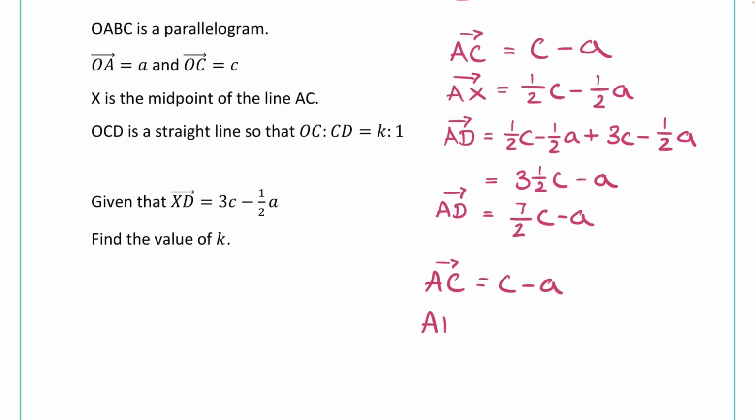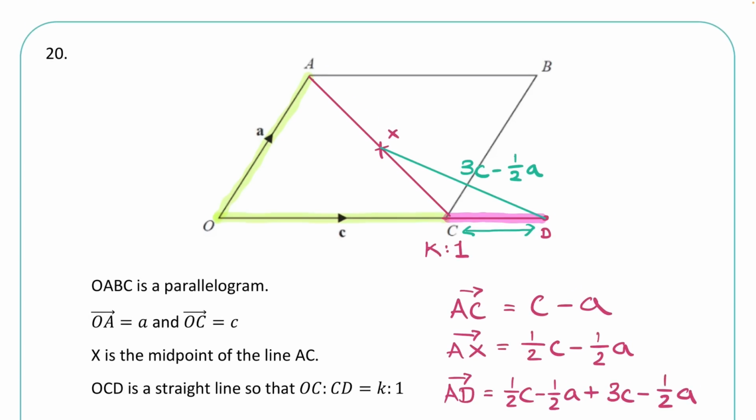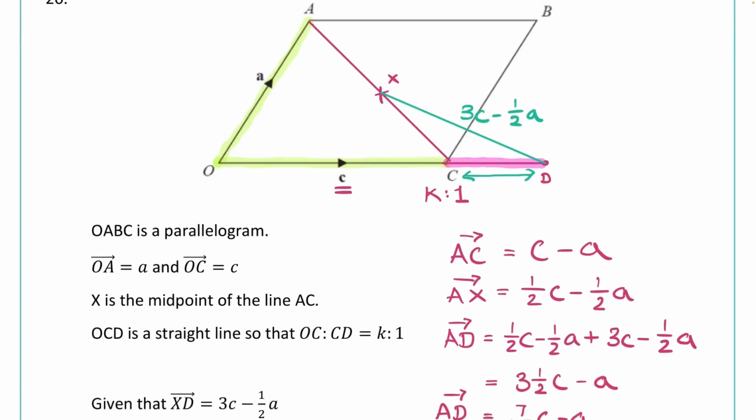A to D, and here's where we have to consider the direction of the line. Now that line is an extension of O to C, and C is just this little vector here going from O to C. So C to D, the bit we're trying to find, is a certain amount of C. It could be a whole number, could be a fractional amount, could be just another C. But that's what we're going to figure out. How many C's is it to get along from C to D?